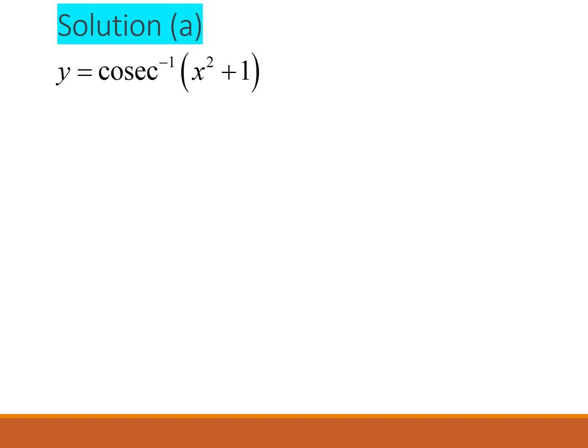For the first example, you have to find the derivative of inverse cosecant of x squared plus 1. If you refer to the formula, given that the derivative of inverse cosecant of u is given as negative 1 over the modulus of u times square root of u squared minus 1 times du over dx.